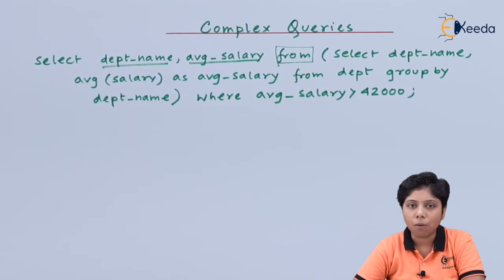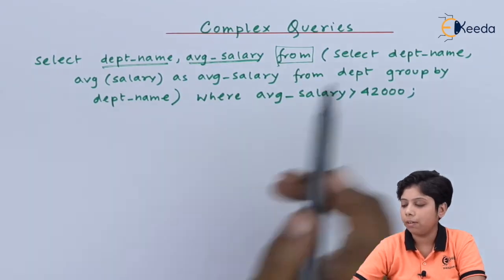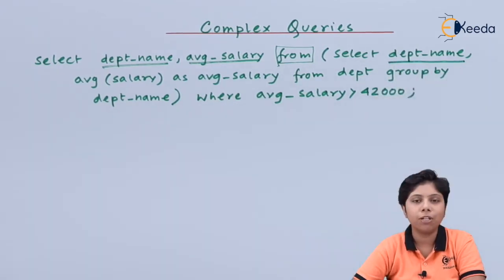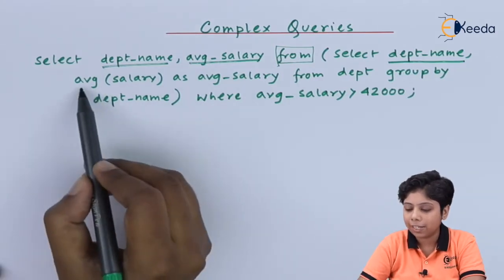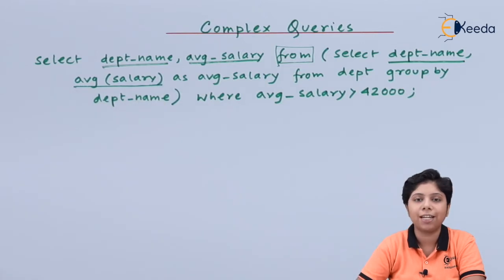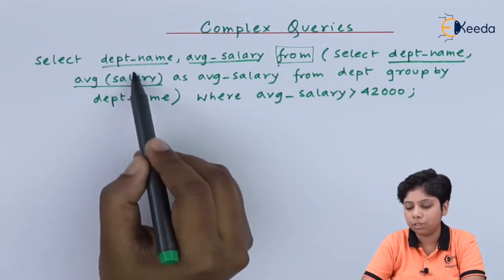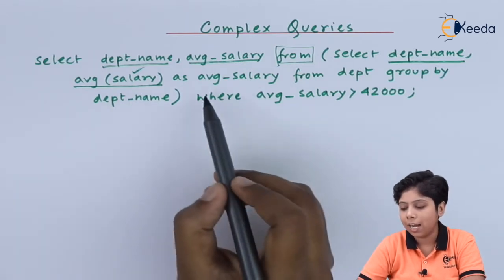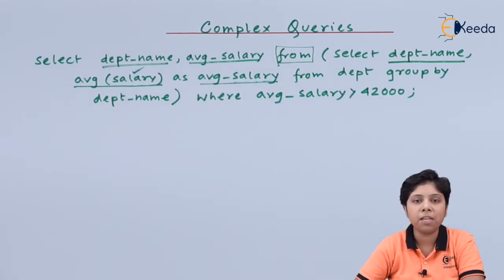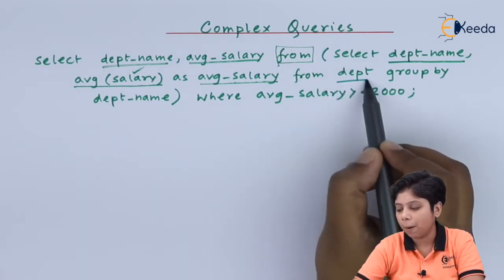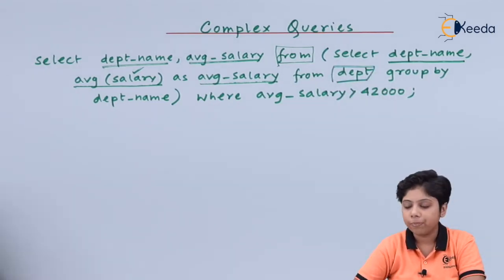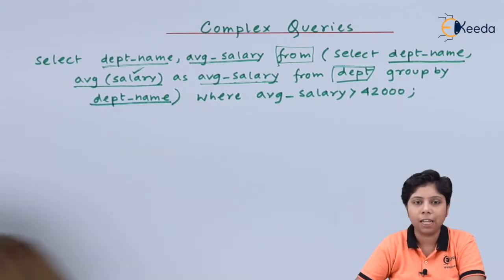Now inside the from clause, we are putting the department name, which will be the same as the department name of the relation. Now we are calculating an aggregate function, AVG, which will give the average of the attribute salary, and we alias or rename it as avg_salary. This is from the department table or relation, grouping by the department name.